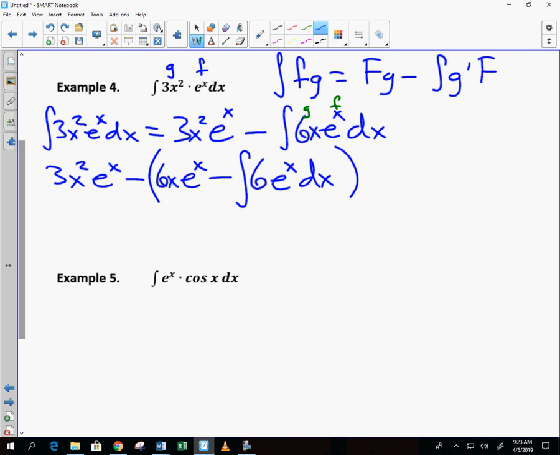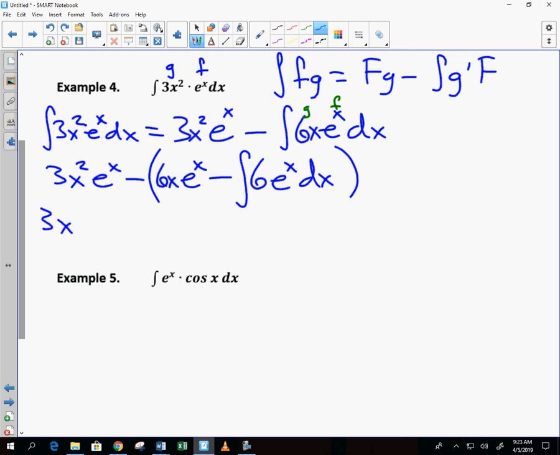So as you can see here, big F is e to the x, and little g is 6x. Minus integral g prime. G prime is 6. And big F is e to the x. The good news is you know the antiderivative of 6e to the x. What's the antiderivative of 6e to the x? 6e to the x.